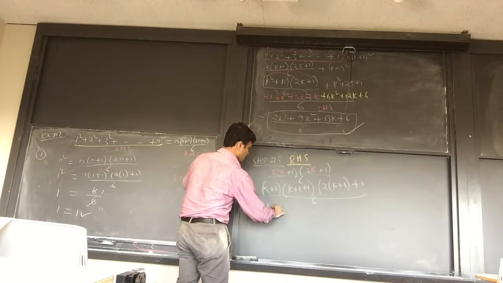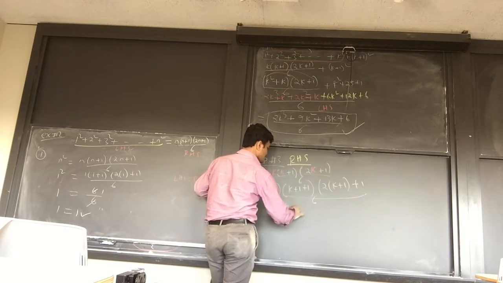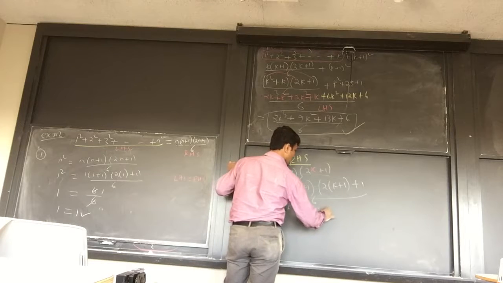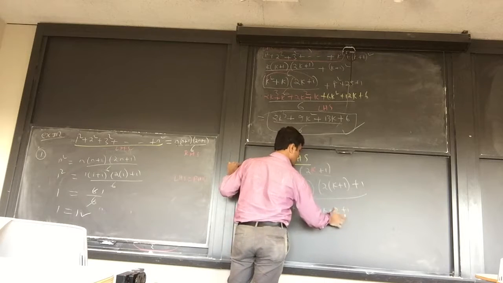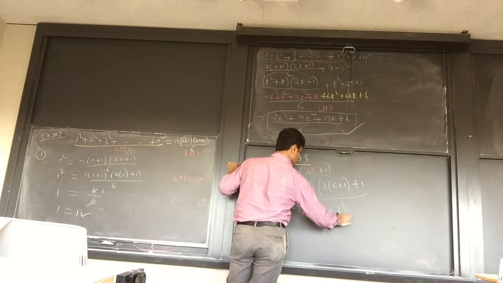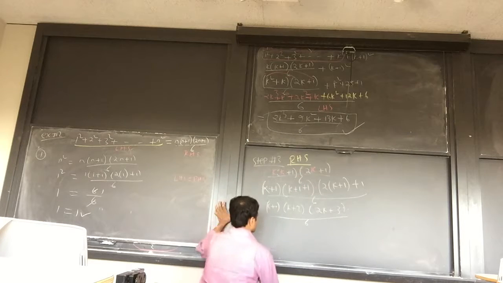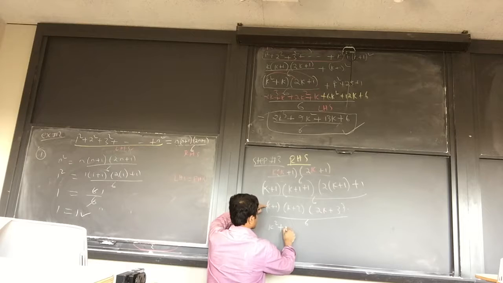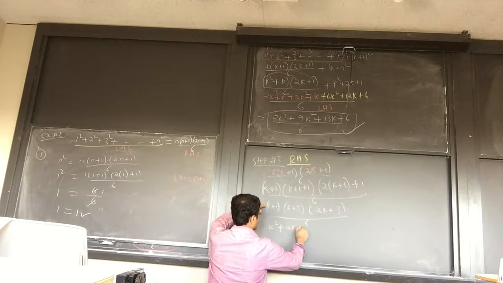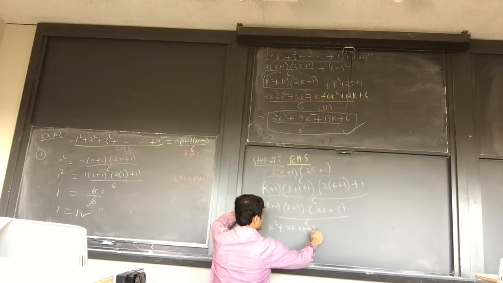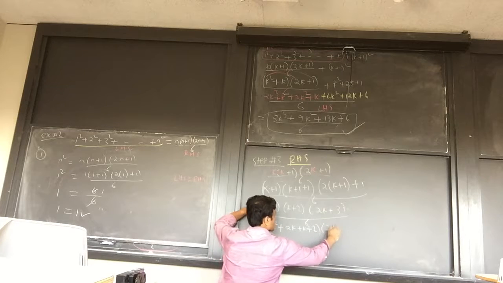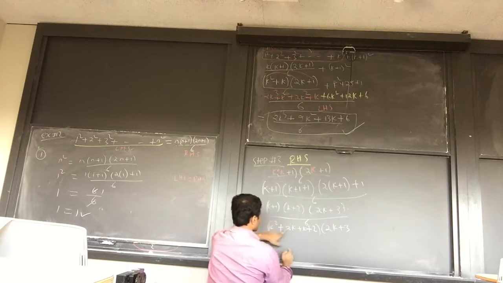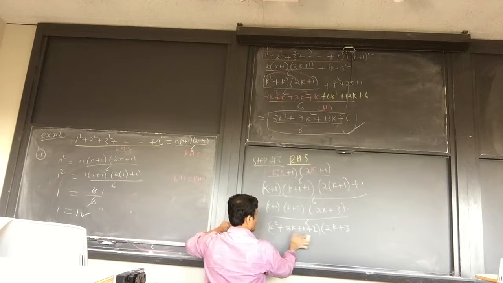So k plus 1, k plus 2, 2k plus 2 plus 1, which is 2k plus 3, all over 6. So k squared plus 2k plus k plus 2, and 2k plus k is just 3k.